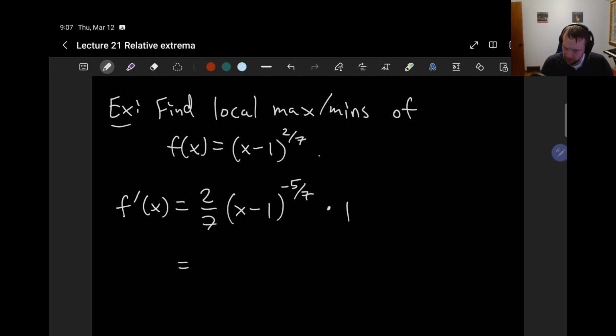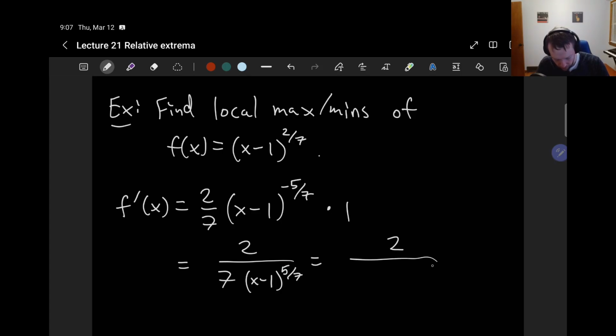All right, let's simplify this a little bit. This is 2 over 7. Notice I've got a negative exponent, so I'm bringing that down. So an (x minus 1) to the 5/7. Or it might be even more convenient to write it as a root.